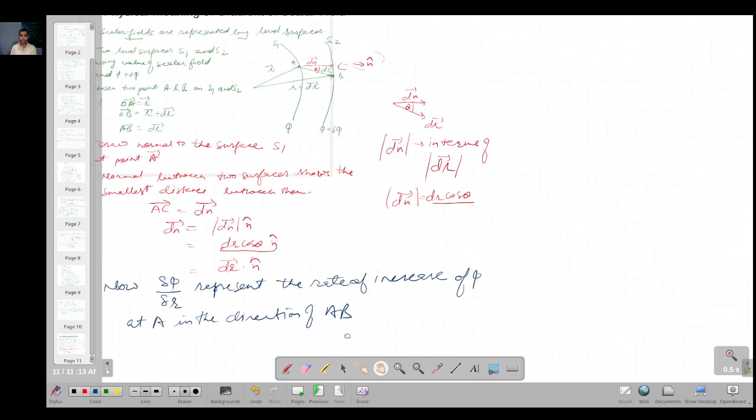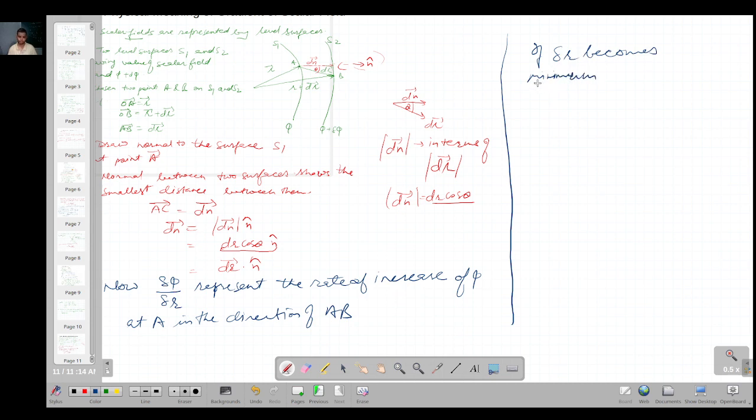Looking at this, if delta r becomes minimum, what does it mean?